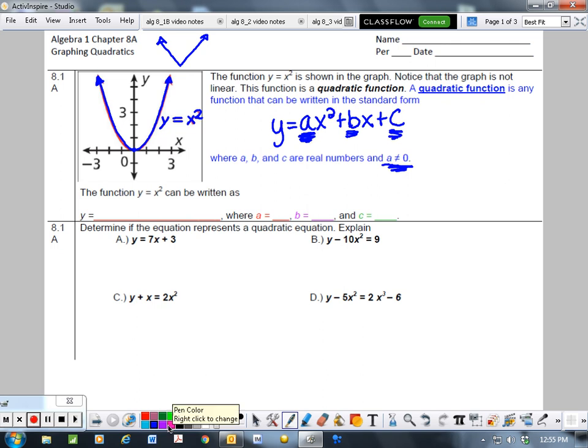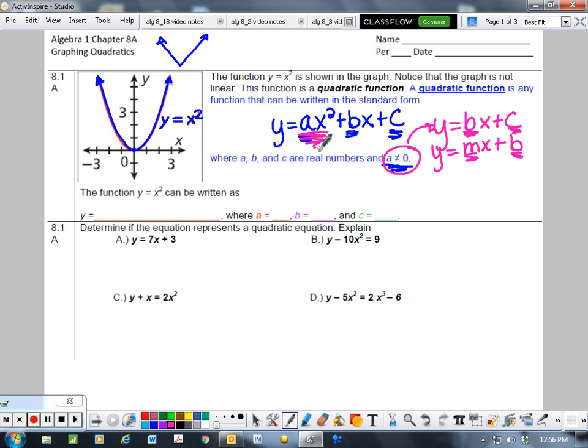If we didn't have an x squared, then this would look like y equals bx plus c, which really is our linear function, y equals mx plus b, thinking about slopes and y-intercepts. So without this, we just end up with that. To keep it a quadratic, we have to have this ax squared.